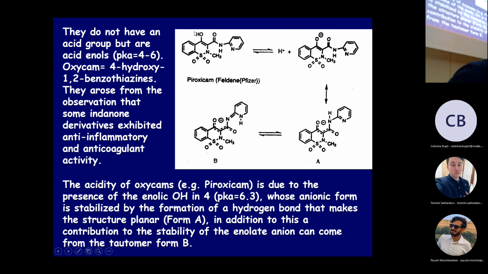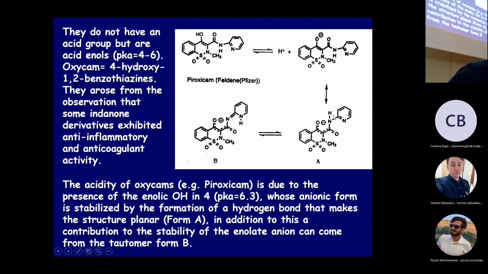Okay, we have already seen the acidity of this proton. It's possible the loss of the acidic proton in order to have this molecule with a negative charge able to interact with the arginine 120.